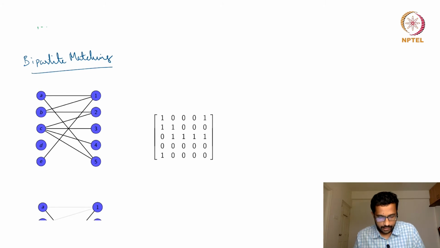So a bipartite graph is a graph where all the vertices can be classified into two groups, partitioned into two groups, and all the edges are cross edges going across. So like in the picture over here, A, B, C, D, E are on the left side, 1, 2, 3, 4, 5 are on the right side, and all the edges are going across.